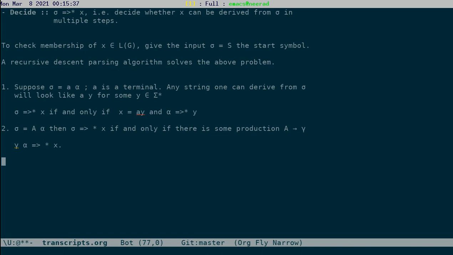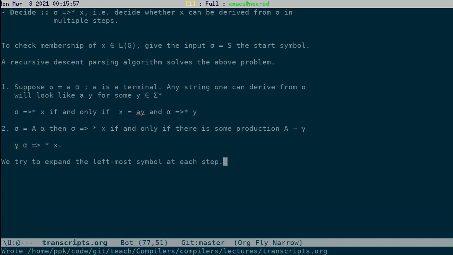Okay. So what we are doing is the leftmost derivation here. We try to expand the leftmost symbol at each step. Okay. And when we hit a terminal, we just eat it up.